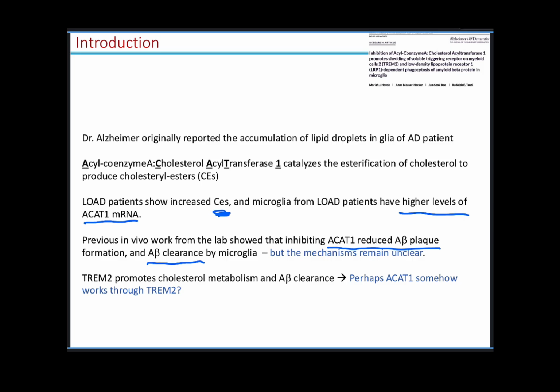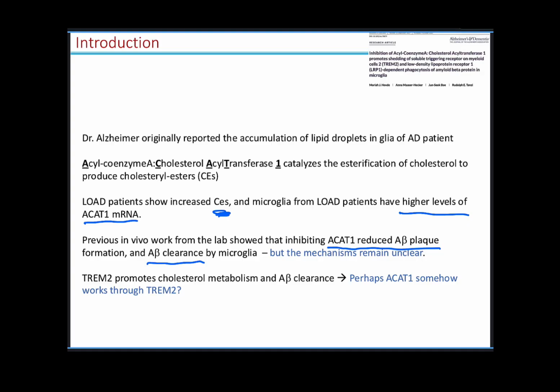On the other hand, we have some previous work saying that ACAT1 manipulations can change A beta plaque formation and A beta clearance. And lastly, they bring to our attention that TREM2 is this receptor that is expressed primarily in microglia, promotes cholesterol metabolism and A beta clearance, right?